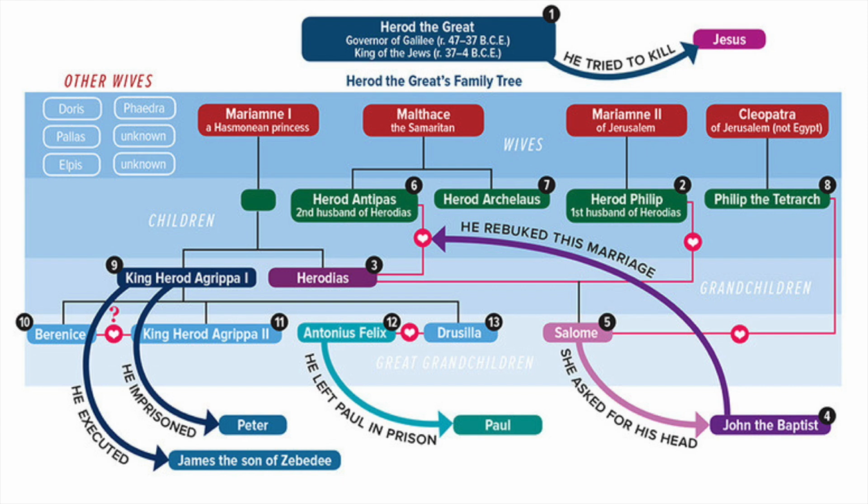Here's where it gets complicated, and I won't be on this too long. I have this as a printout that I could have as a PDF I could send you all, and all these numbers give you a brief description of what they were about. But when you know the story of John the Baptist, Herod Antipas married Herodias, who is Herod's granddaughter, right? So you're marrying your niece, and she was previously married to Herod Philip, right?